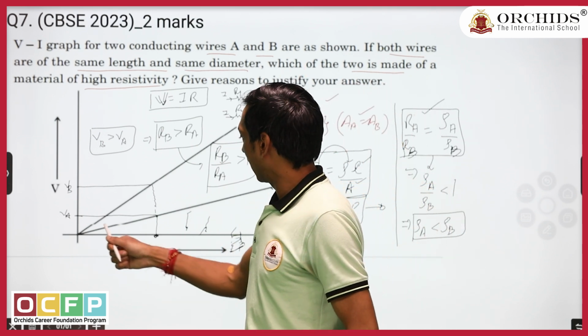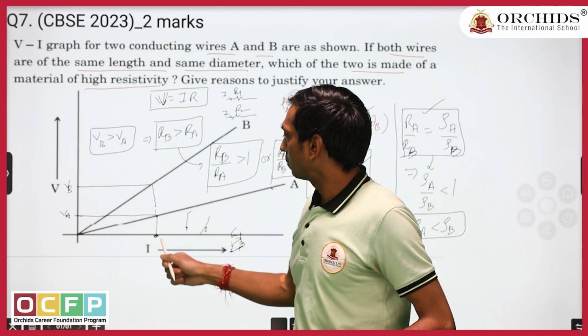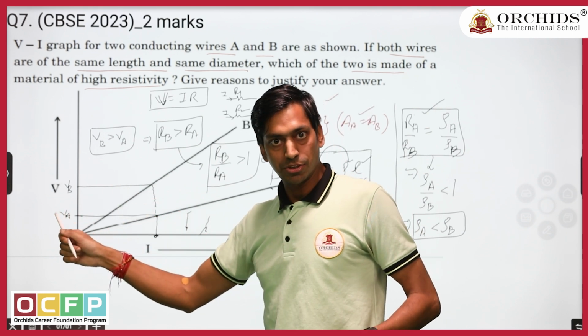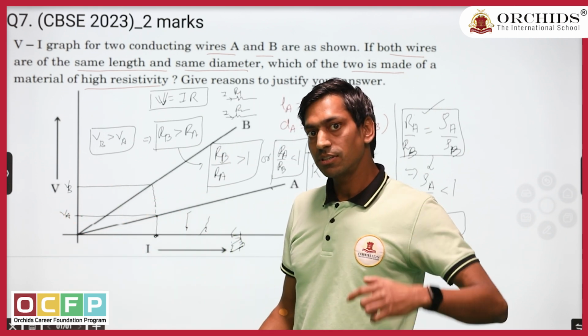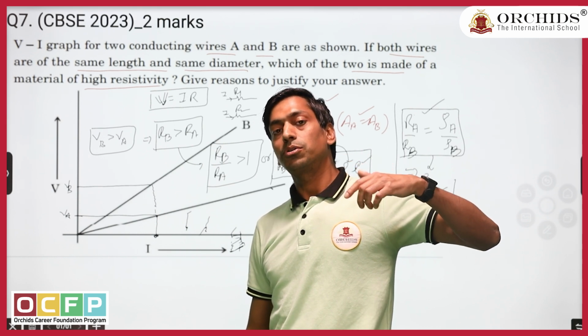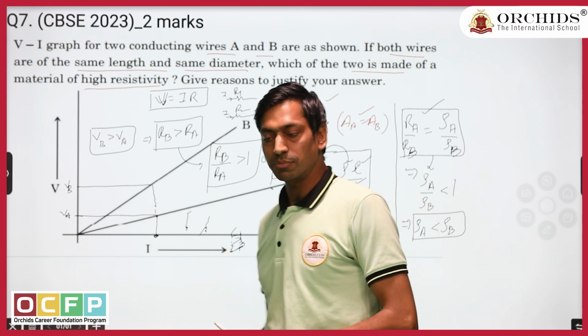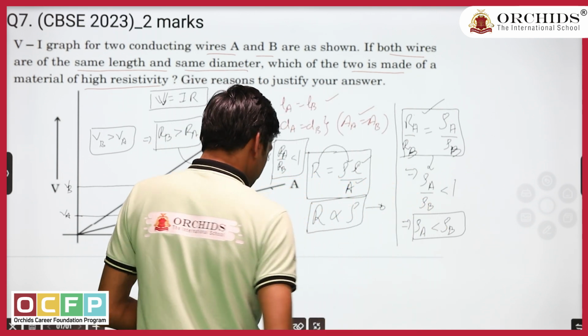You can use the direct method: take any point on the x-axis, meaning current, draw a perpendicular line and check the corresponding values on the voltage axis. If the potential difference is higher, that particular resistor will have high resistance. So we can use that concept in this particular question.